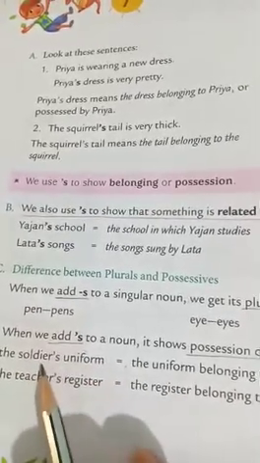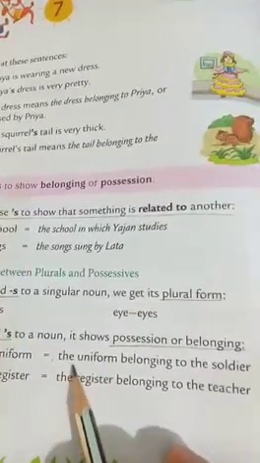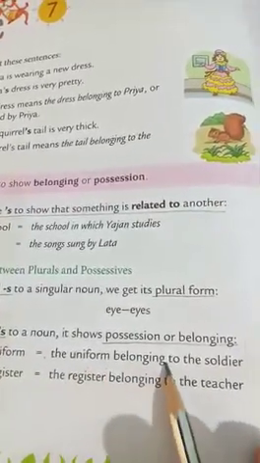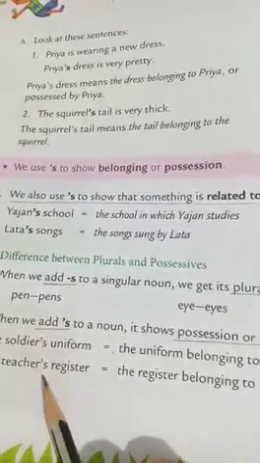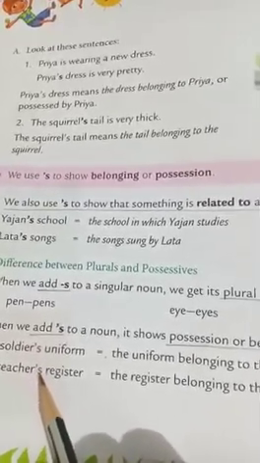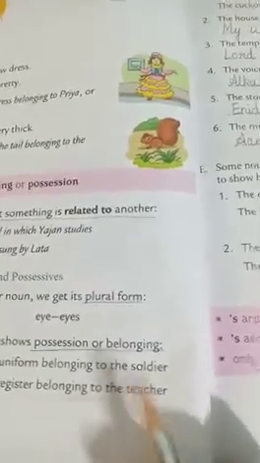Here singular noun. Okay, one soldier. So what do you mean by that? The uniform belonging to the soldier, one soldier. Now the teacher's register, one teacher. So what you are doing? You are putting apostrophe S. The register belonging to the teacher.